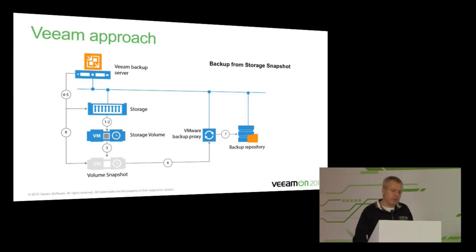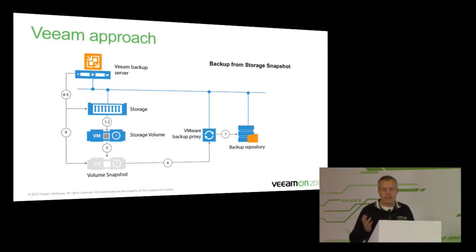From this point of view, it is really interesting that with Veeam, for example, you can have storage I/O control, where you can choose to slow down the backup operation if you see that the storage latency is growing more than a value that you can choose.